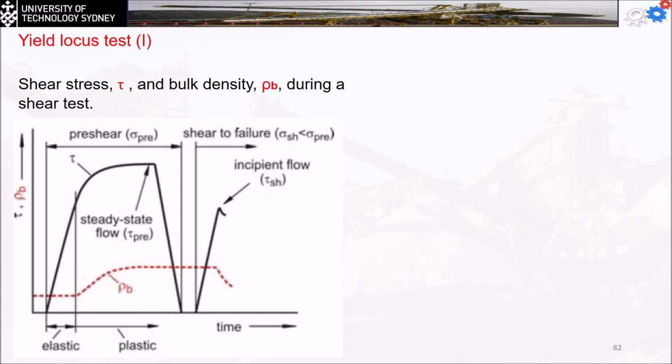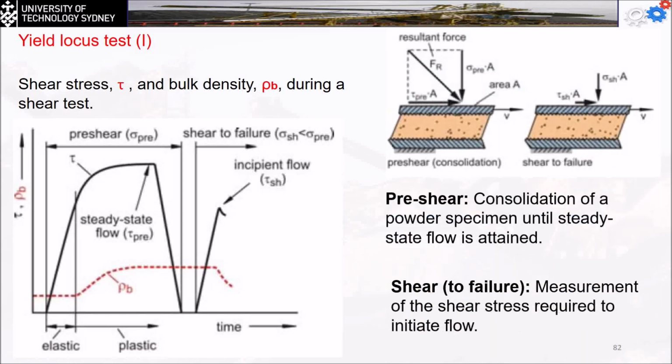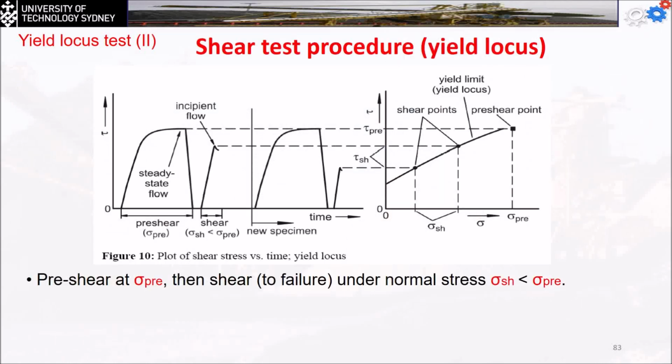In the yield locus test, we're going to check the shear stress and the bulk density during the shear test operation. That's what we're going to do once again. As I mentioned earlier, we're going to add the normal forces, and we're going to have the sliding forces, and we're going to check the value for the pre-shear and the shear measurements. By taking multiples, we can get the diagrams for the steady flow, for the incipient flow, and the last one is going to be for the yield limit or the yield locus value before we can start the Mohr circles.